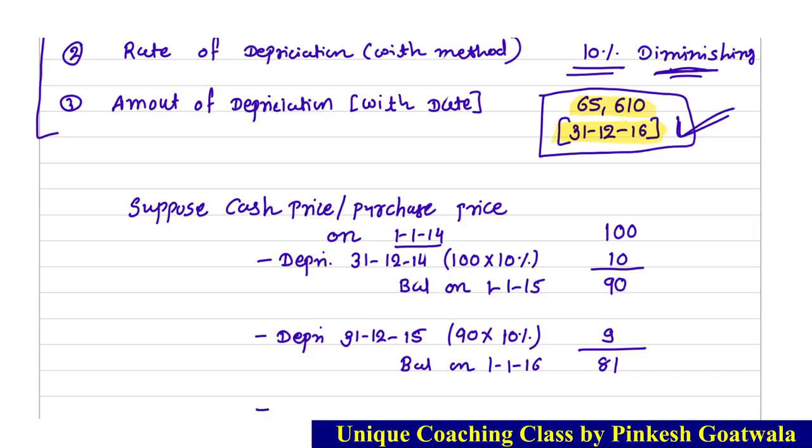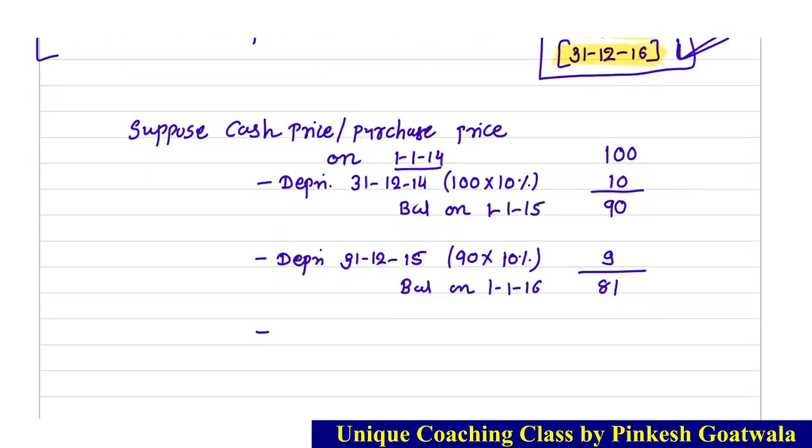So now next Depre 31st December 16. ઓકે, 81 ના 10%, તો કેટલા આવશે 8.1.